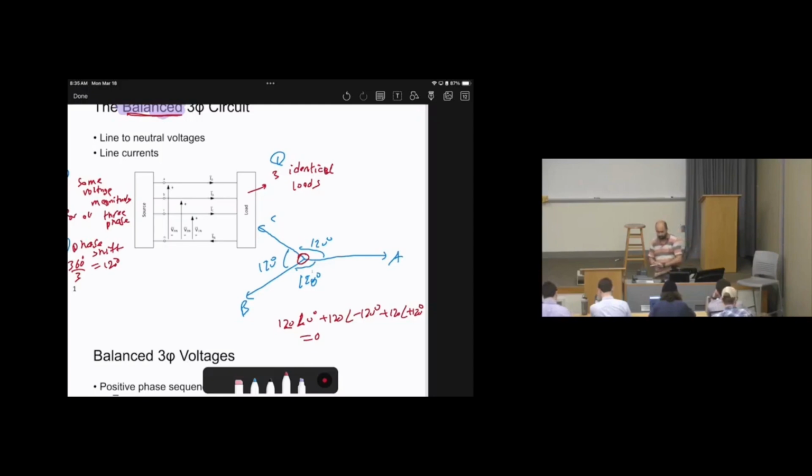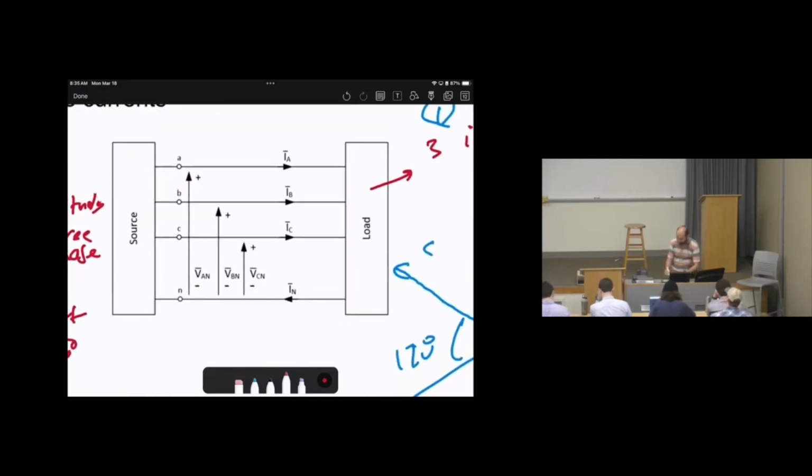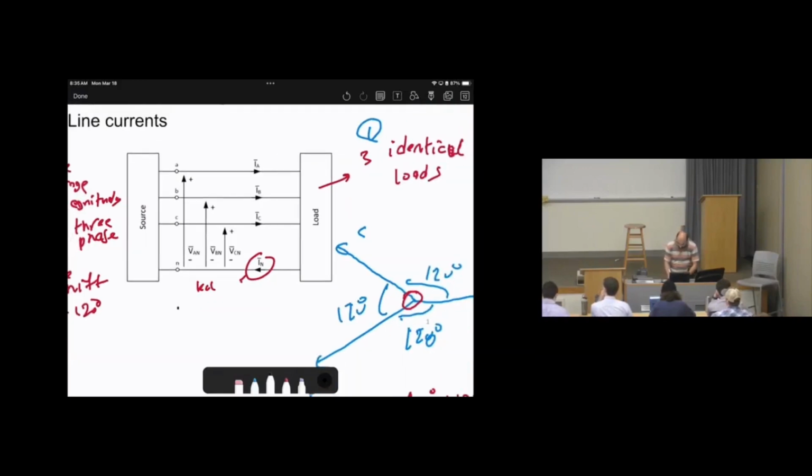Where will the 0 net be? This is the three-phase connection. We have phase A, B, C, and the neutral. What will the neutral current be according to KCL? I neutral will be IA plus IB plus IC.